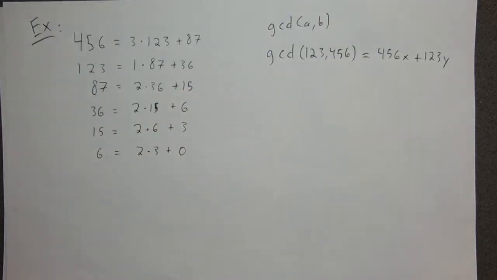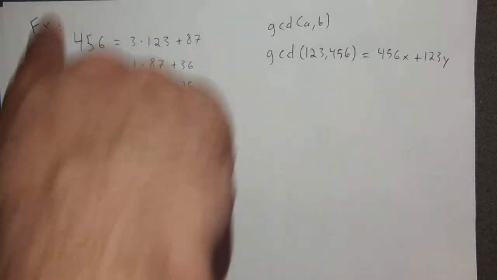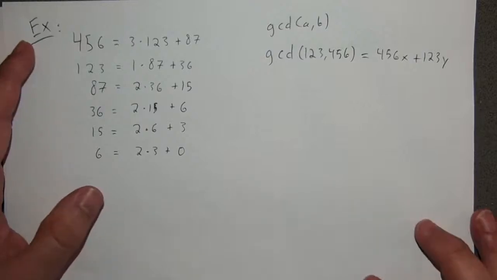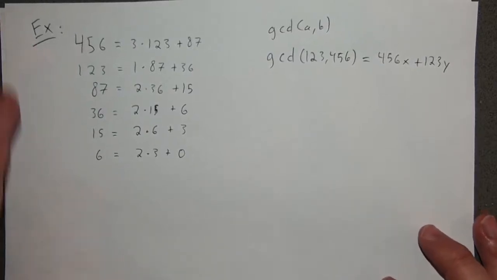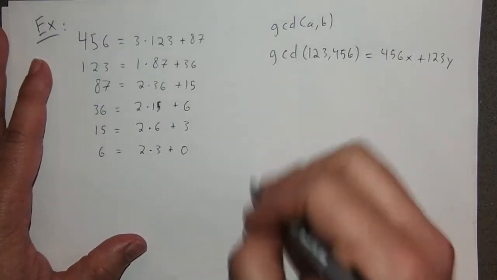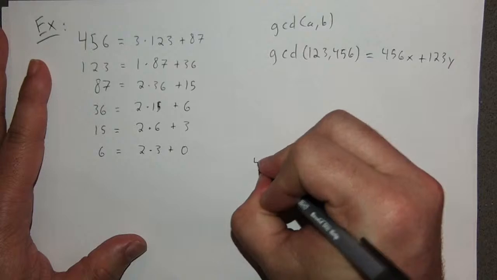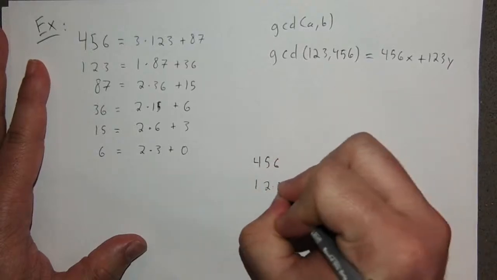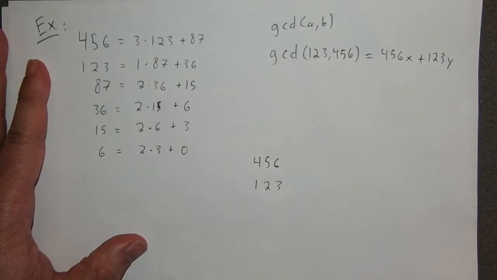The idea is to take this Euclidean algorithm process, and where the word extended comes in is I want to rewrite this. I'm going to form a table. It's got 3 columns in it. In the first column, I'm just going to put 456 and 123.